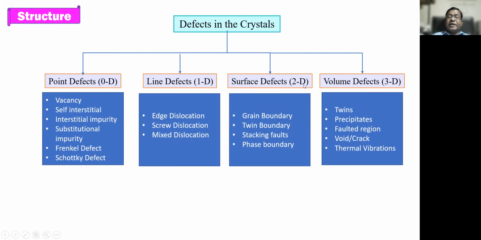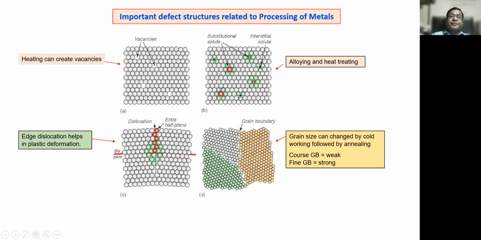Then the surface defects are two-dimensional defects: grain boundary, twin boundary, stacking faults, phase boundary. And volume defects are twins, precipitates, faulted region, void, cracks, thermal vibration, etc. Then the important defects are those related to the processing of metals.